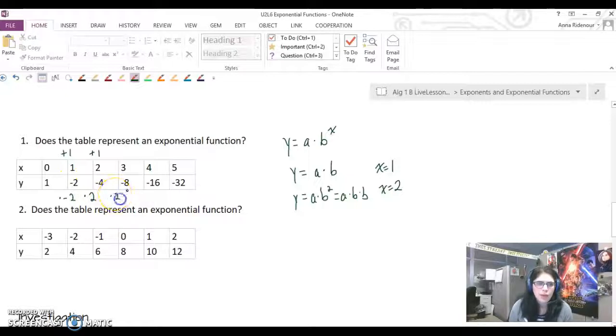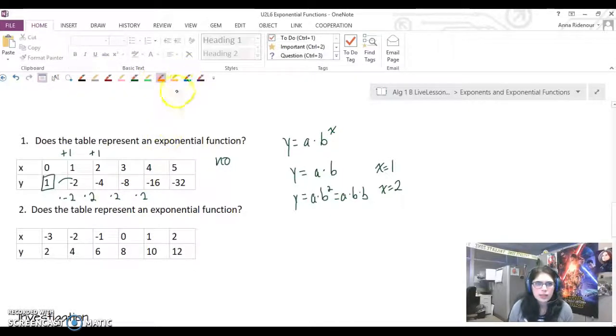And then again by positive 2 and positive 2. So this would not be an exponential function because that first value, I would have to multiply it by negative 2 to get the next value, and then the rest I'm all multiplying by positive 2. So because I'm not multiplying by the same number every time, it is not an exponential function.